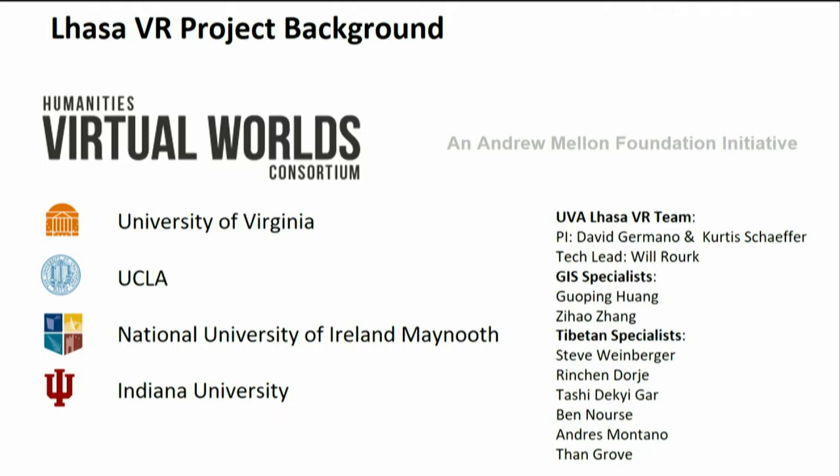As a result of the grant, we formed a consortium called the Humanities Virtual Worlds Consortium. It was a multi-institutional consortium that included the University of Virginia. Each one of the institutions involved took their own 3D project and adapted it to the tools that we were intending to build for creating and curating spatial narratives.